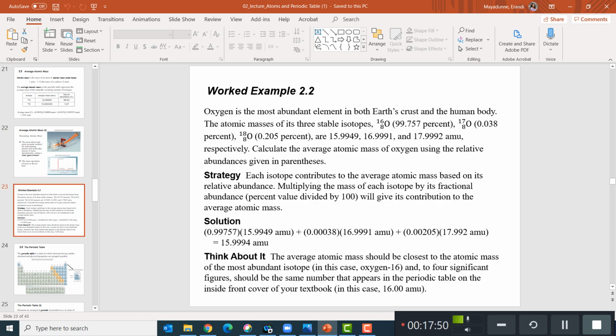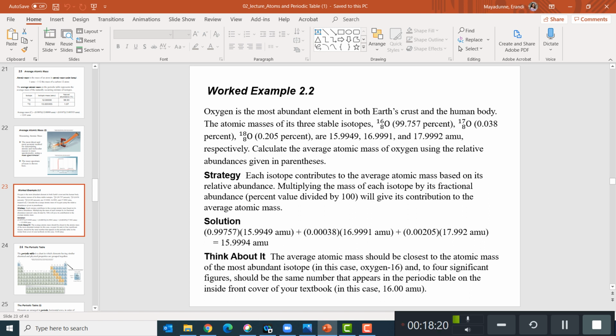So here I have another question. Oxygen is the most abundant element in both the Earth's crust and the human body. The atomic masses of its three isotopes are oxygen-16, 99.757%, oxygen-17, 0.038%, and oxygen-18, 0.205%, very small percentages.